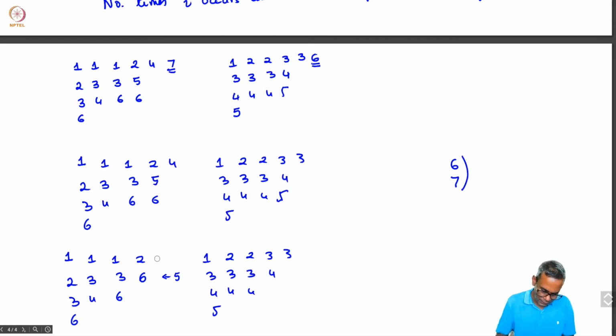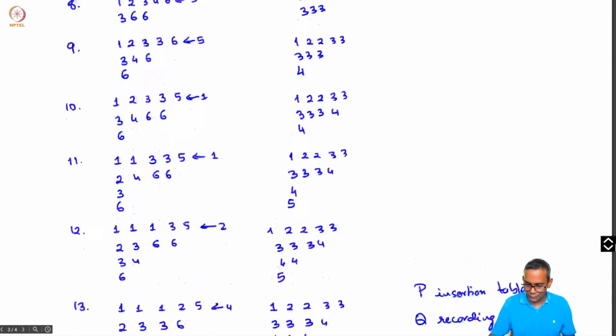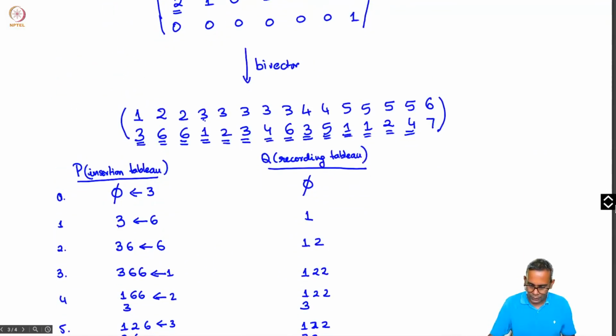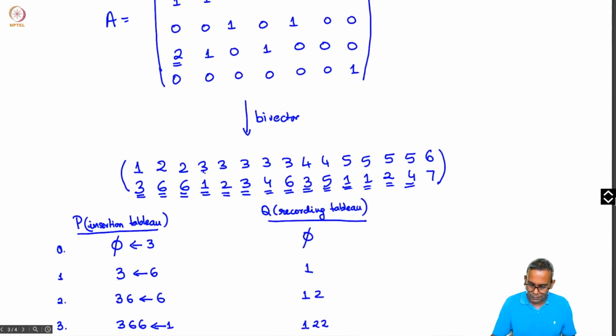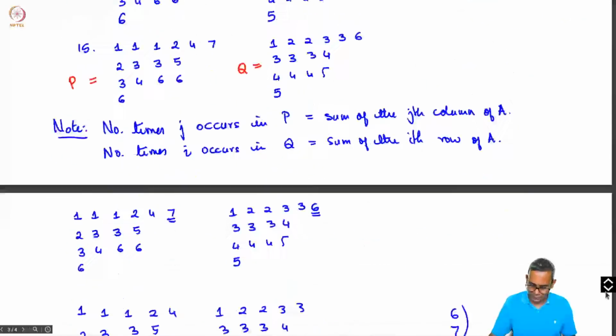Well, it must have been this 4. So what we know is that before this 6 7, our 2-line array had a 5 and a 4. And you can just continue in this manner and reverse the entire process and recover from the tableaux P and Q this 2-line array, from which in turn you can recover the original integer matrix.